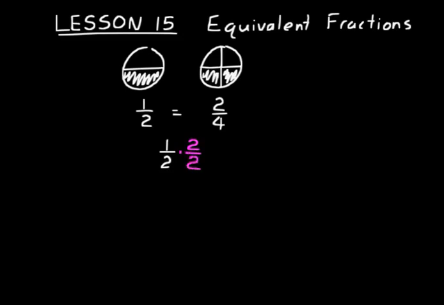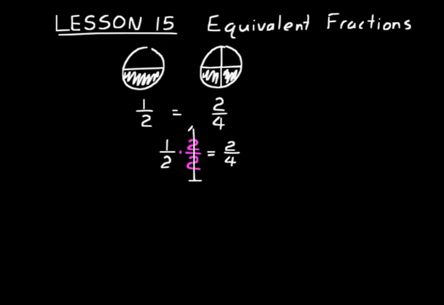In essence, we're really multiplying by a 1, because that's what 2/2 equals. It's just 1. So anytime we multiply any number by 1, it's still the same value. 1/2 times 2/2 would be 2/4, right? That's what we have above there.